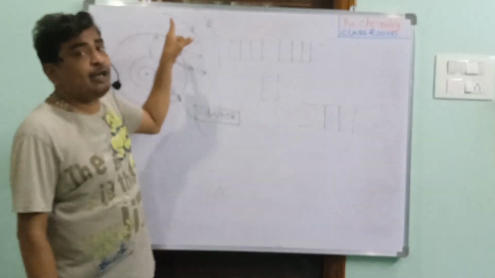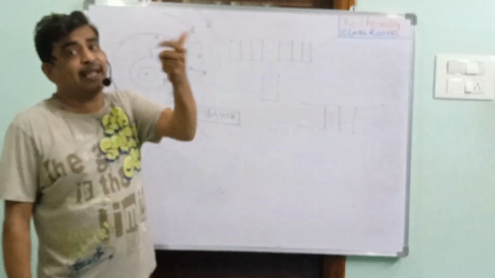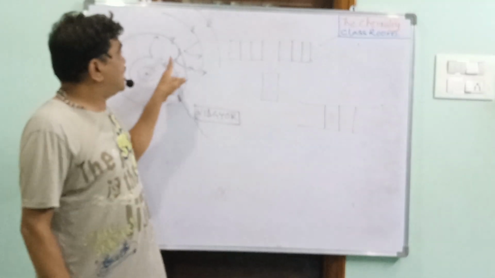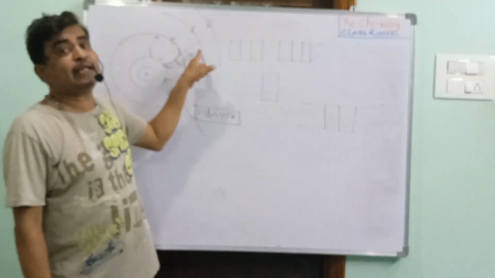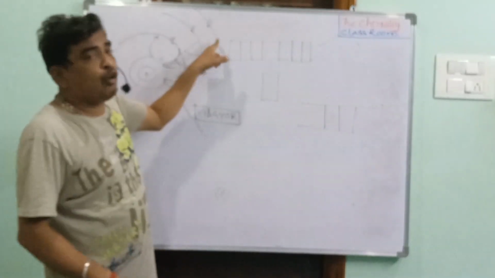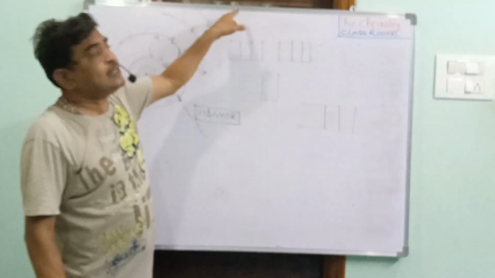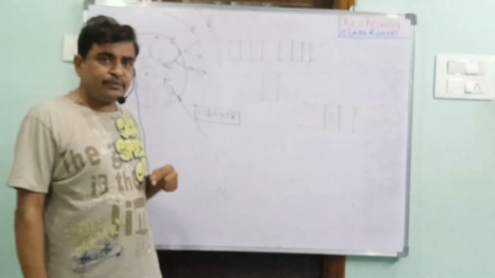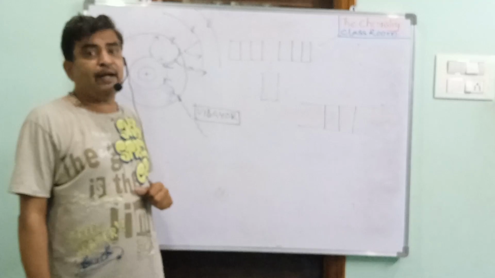That much energy only is absorbed by the atom and it is excited. When it absorbs higher energy, it is not in the second state, it is compulsorily in the third state. If it absorbs more energy, it is in the fourth state. If it absorbs still more energy, it is in the fifth state, like that. And what does it mean, what Bohr observed?